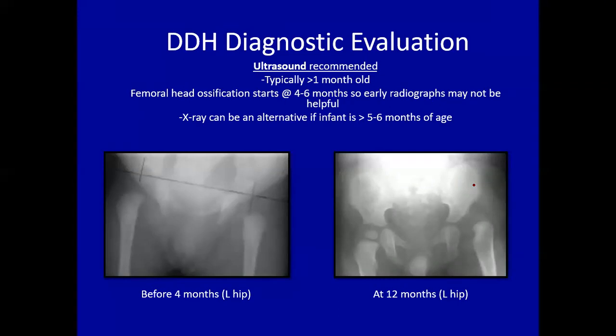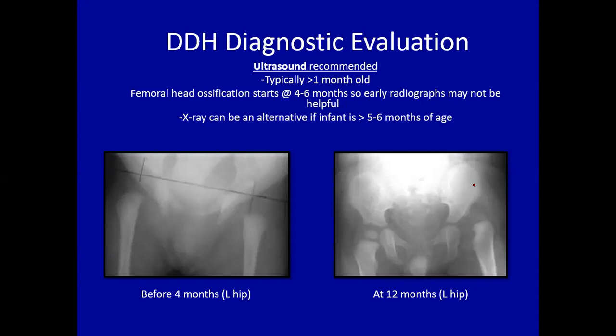The difficulty here is that plain films are not going to reveal this early on. So we do the Ortolani and Barlow, we think it's abnormal, we've got a positive Galeazzi sign, and now we're going to take some images, we're going to do an x-ray. Well, the problem is that the femoral head has not calcified yet, so the x-rays really are not of high yield.